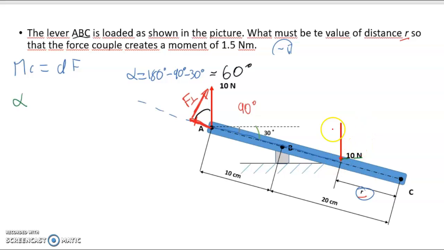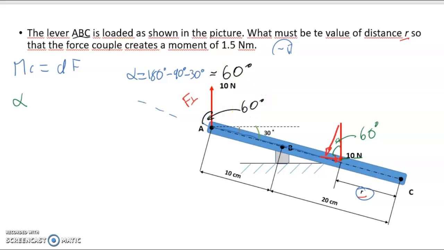It works the same for this one. We know this angle is going to be 60 degrees. If that's 60, I can calculate the magnitude of the component that goes this way, which is the opposite side of the 60 degrees, and the component that goes this way. Now, do I need to make further calculations?